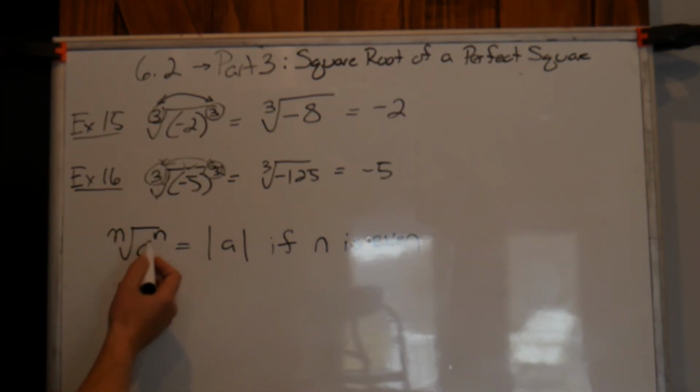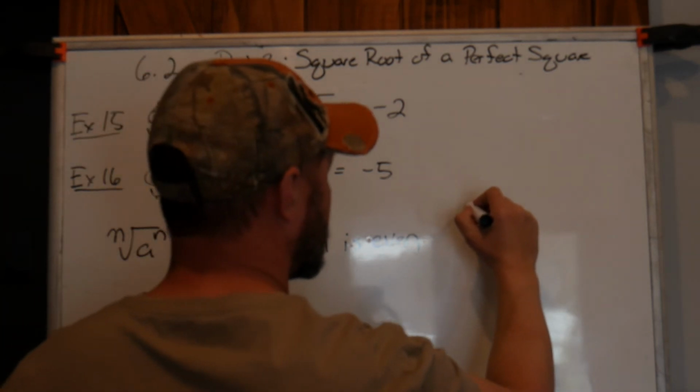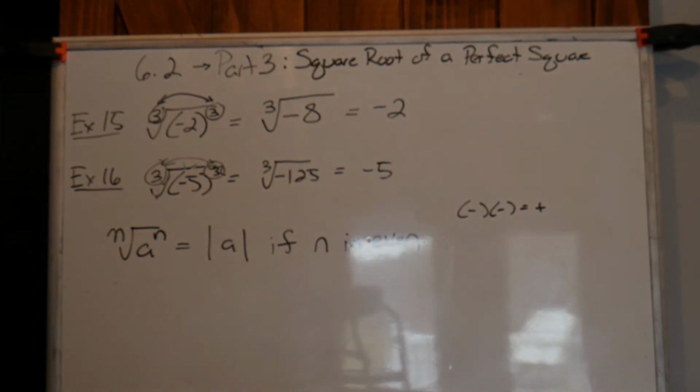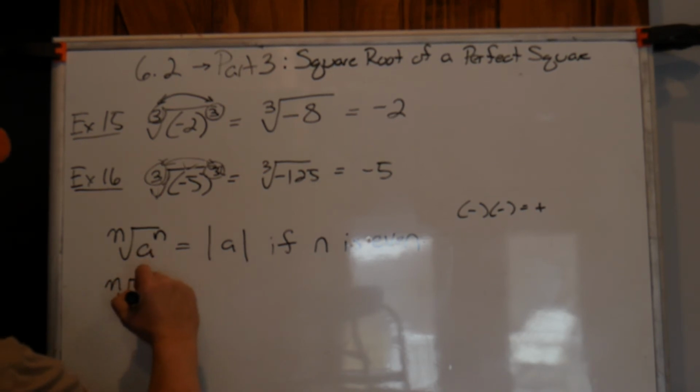Because if it's even, we could take our negative times a negative and end up with a positive. So we could have had a negative value.